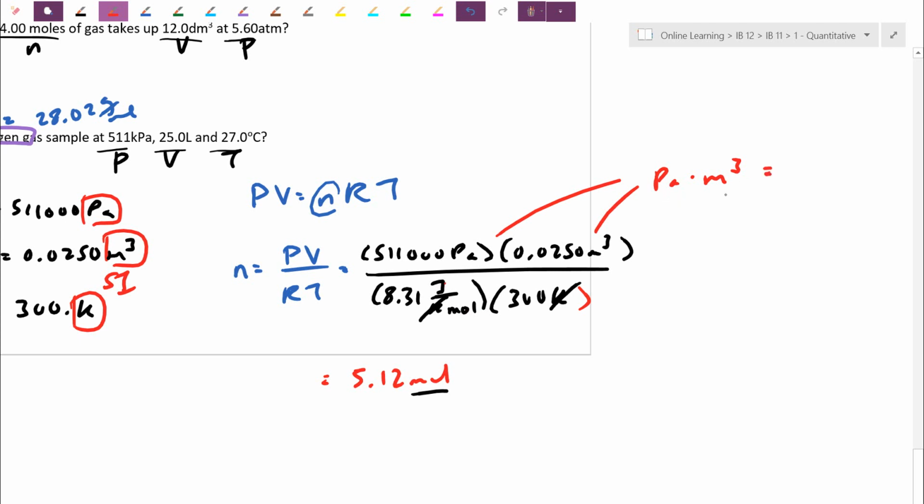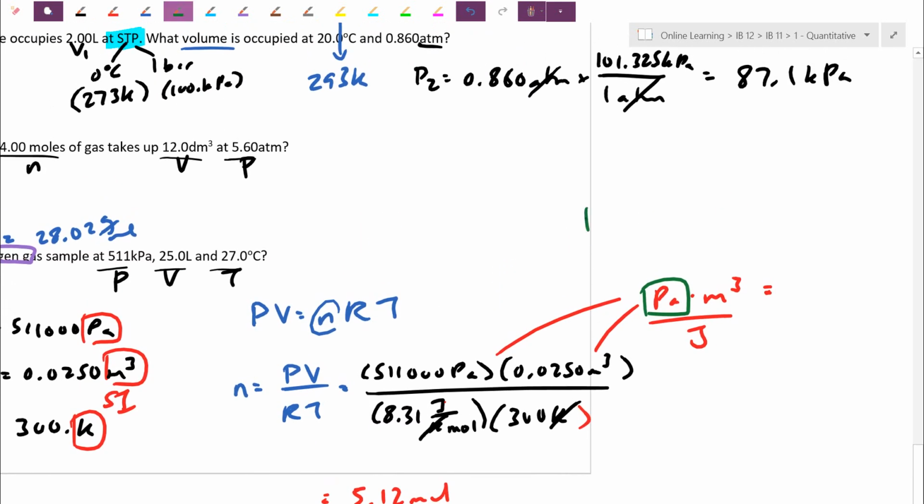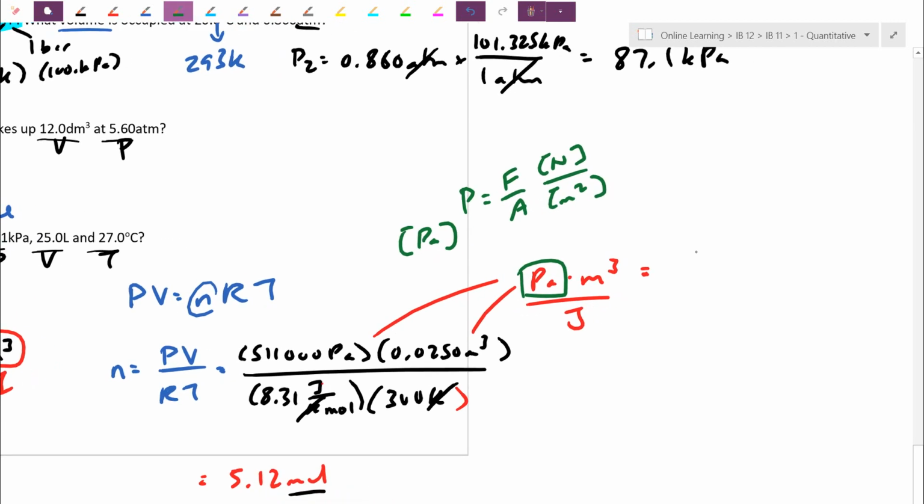So I want to show you that a Pascal meter cube is equivalent to a joule. Pascal is a standard unit for pressure. Pressure is a force over an area, so force is given by a Newton, area is given by a meter squared. For Pascal, I can actually write that part as a Newton per meter squared times meters cubed.